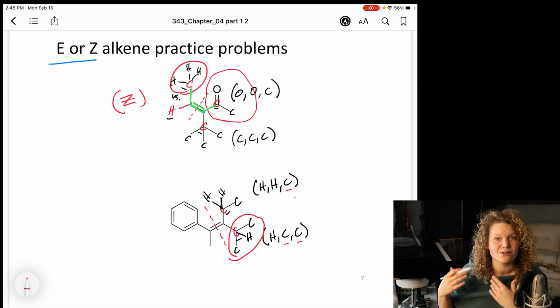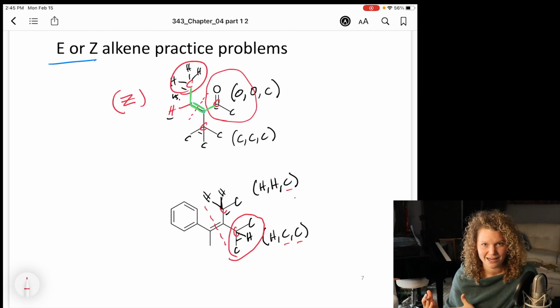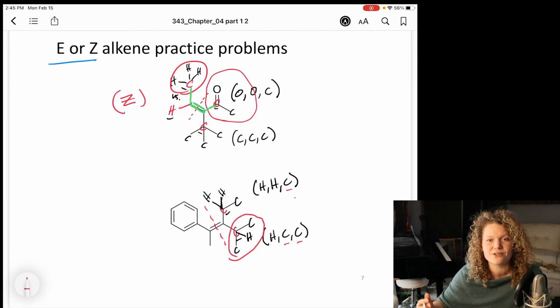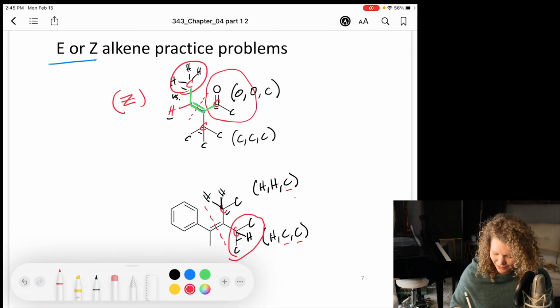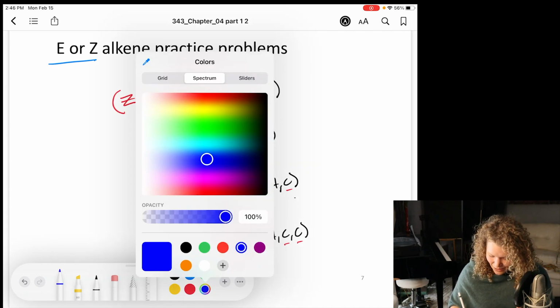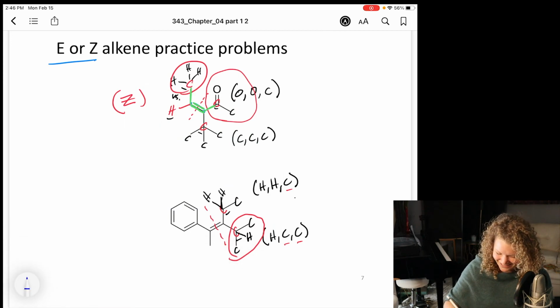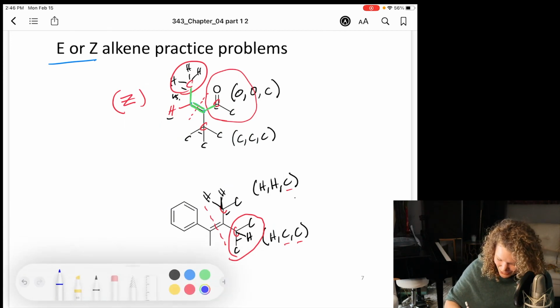That comes after a lot of practice. For now, I just want you to be able to do the method so that you can figure that out for any alkene that's given to you, which I think is a better skill to have than just memorizing random facts, waking up from a nightmare of tert-butyl is higher priority than ethyl. I don't want that to happen. Let's do the next one.